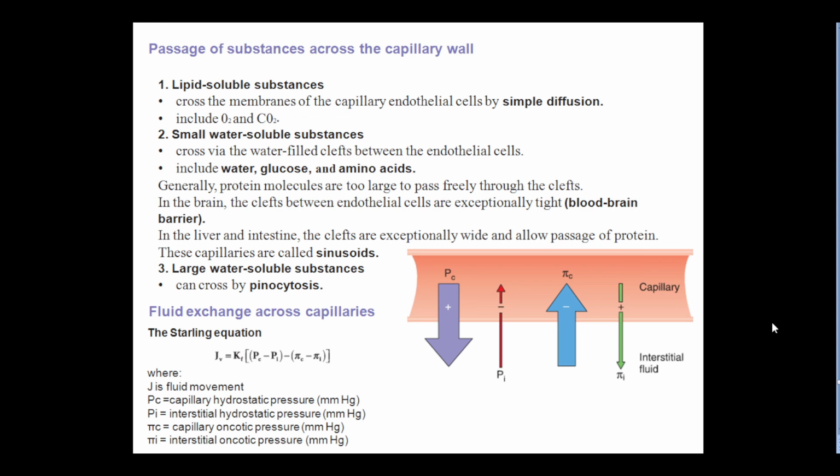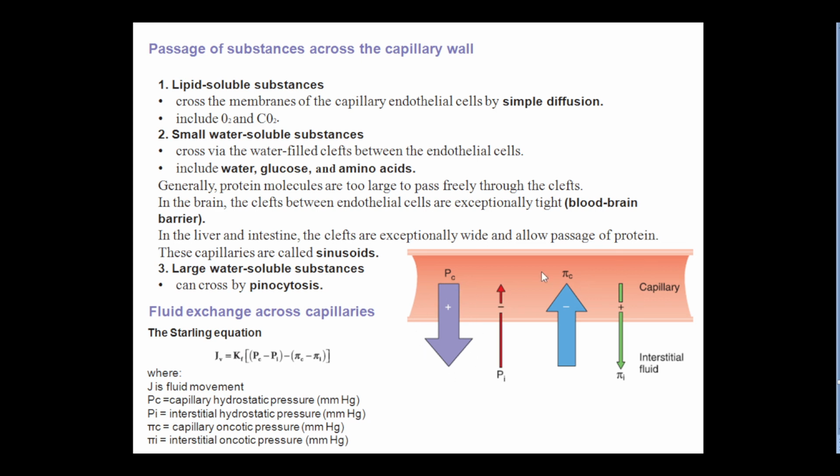And in this case, we need to discuss two types of pressures: hydrostatic pressure and oncotic pressure. Hydrostatic pressure, as you can see, is the force which favors filtration, so it pushes out of the capillary. Oncotic pressure opposes the hydrostatic pressure and it opposes filtration. As you can see here, there is a minus. Plus stands for favoring.